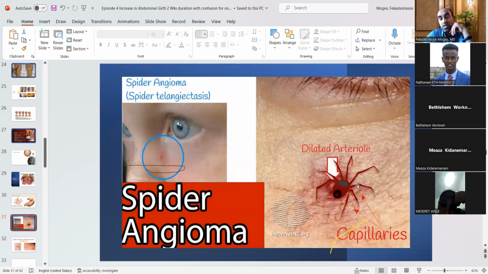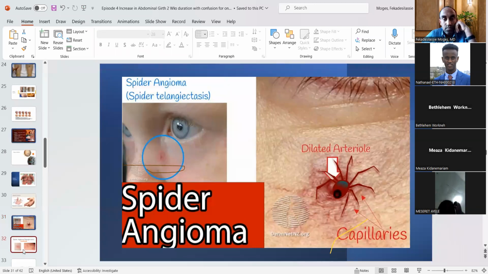a spider, that's why they call it spider angioma. So what you see in the center is like an arteriole, a dilated arteriole, and then there are branching capillaries, and you can see like this spider telangiectasias. They are commonly seen on the face, trunk, and upper extremities.